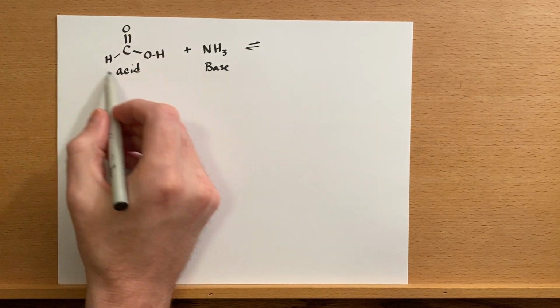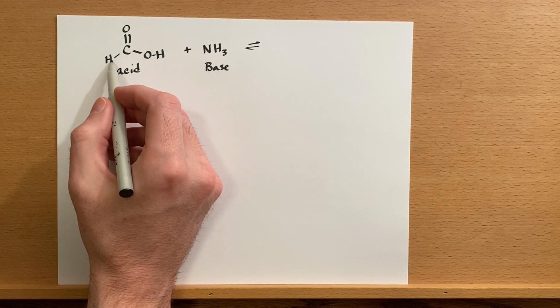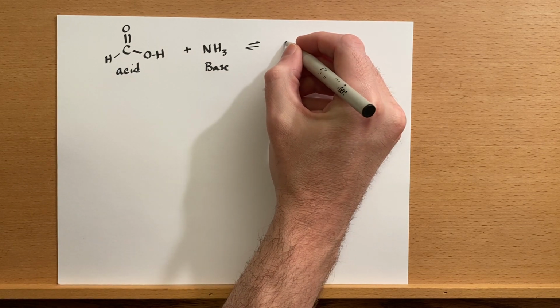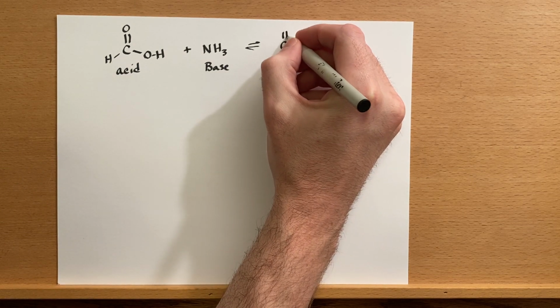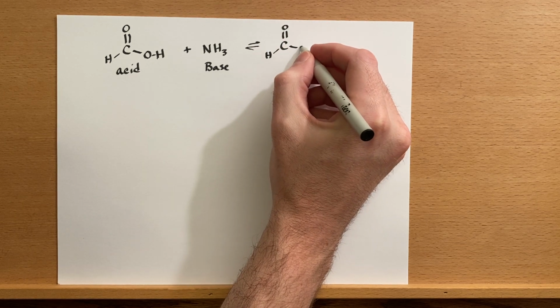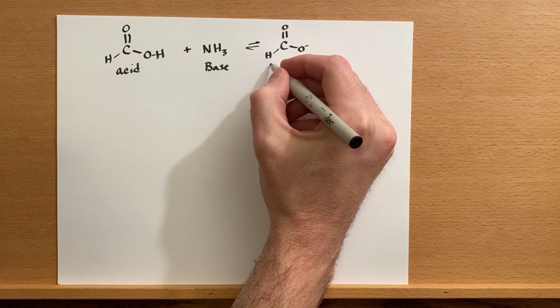It's just this ion minus an H plus, so we lose this particular hydrogen. Not that one, that one's very well bound to the carbon. Here's our conjugate base of formic acid.